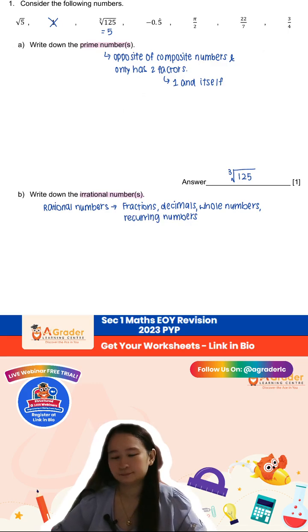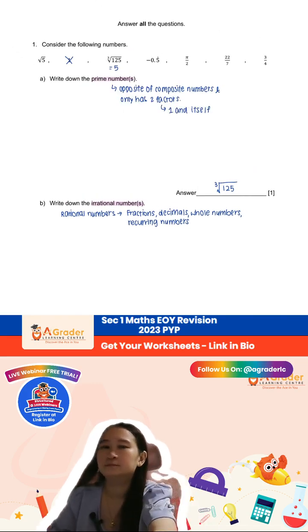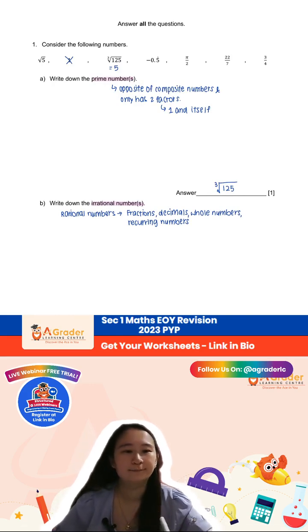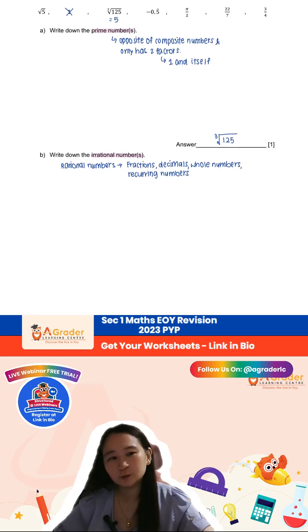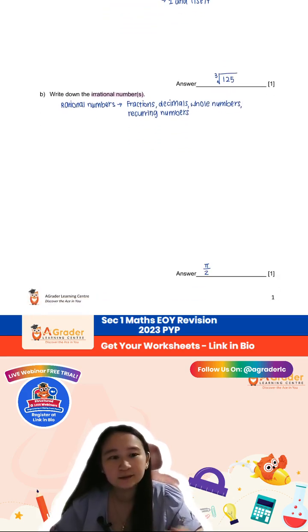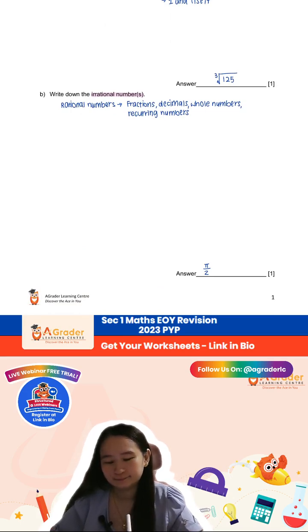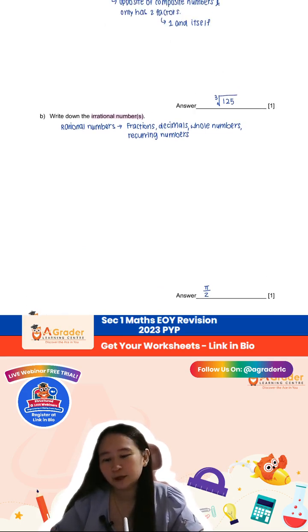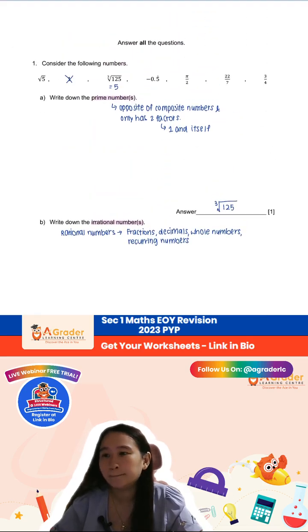Okay. Yeah, pi over 2 is one of it. Any other irrational numbers here? Pi over 2 is one of the answer.